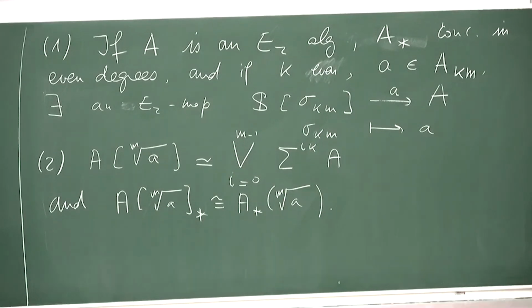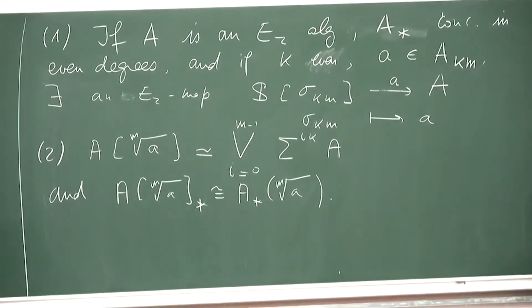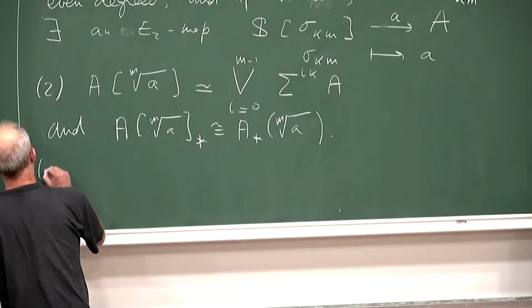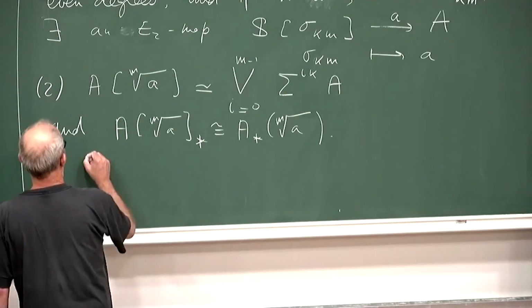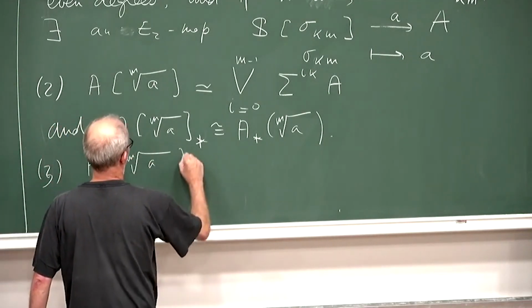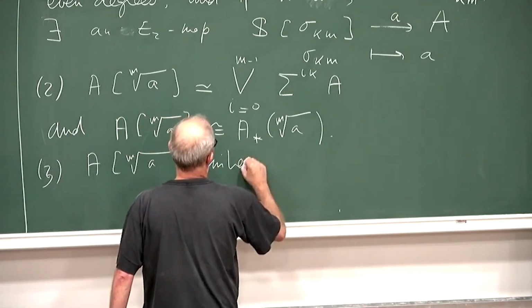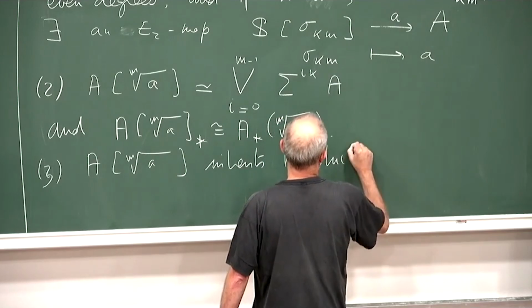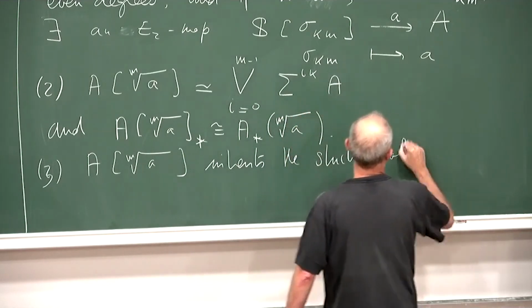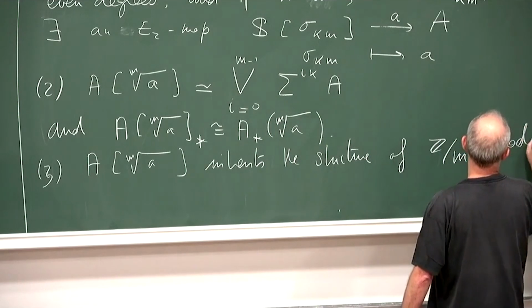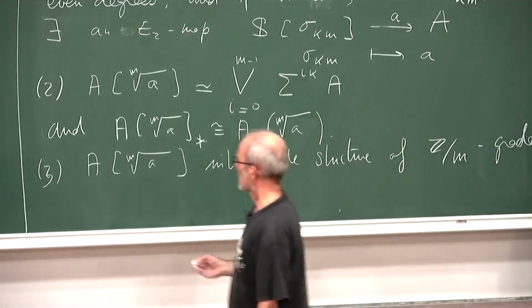And from this splitting, it inherits the structure of a Z mod M graded E1 algebra.